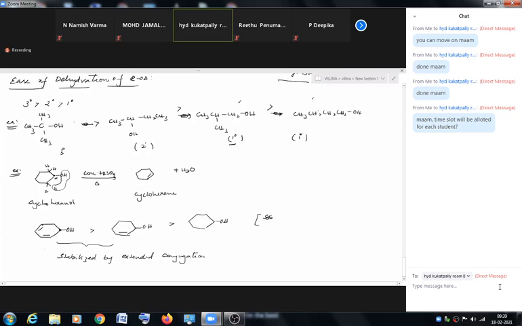Why? You might be having a doubt: with what are they having the conjugation, and in what way are they in alternate position? After removal of the OH, you'll have a positive charge over here, right? So positive charge, sigma bond and a pi bond. Here also positive charge, sigma, pi, again sigma and again pi. So there is more conjugation in the first compound than the second one, and the one without any conjugation at all.